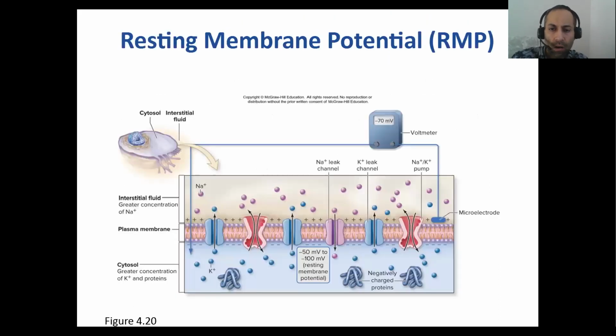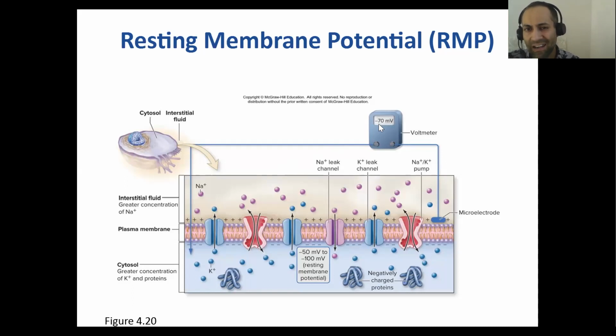All right, so next up we are looking at our resting membrane potential. What is the resting membrane potential? The resting membrane potential is the electrical value, or the voltage, found inside of your cell on a regular basis. As you can see here in the voltmeter, it is negative 70 millivolts.